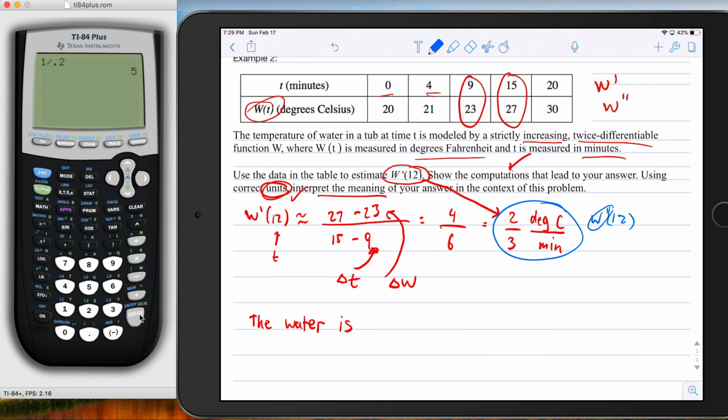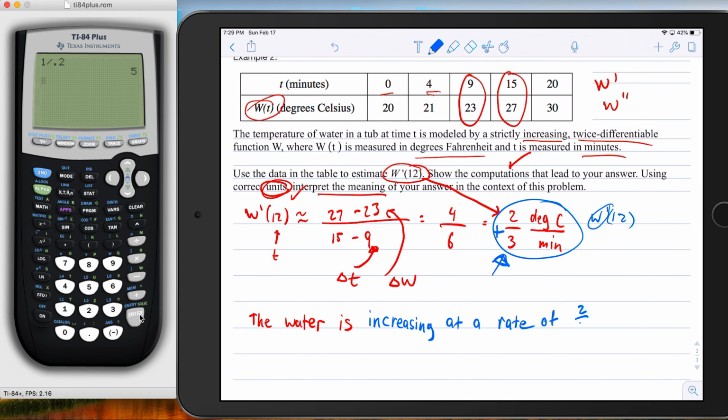W prime represents the slope of the change of the water, and so the slope of the situation would represent the change in temperature over time. And so we can say the water is, is it increasing or decreasing, and how can you tell? Well, we know it's increasing because it has a positive slope. So we'll say the water is increasing at a rate of 2/3 degrees C per minute.